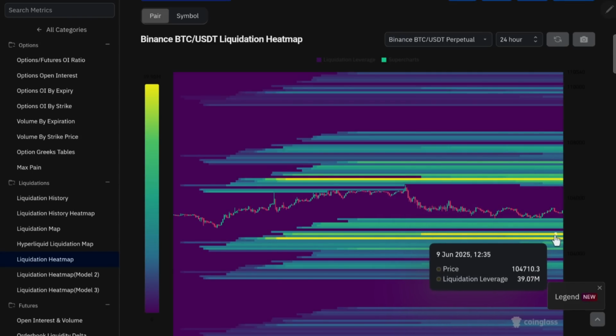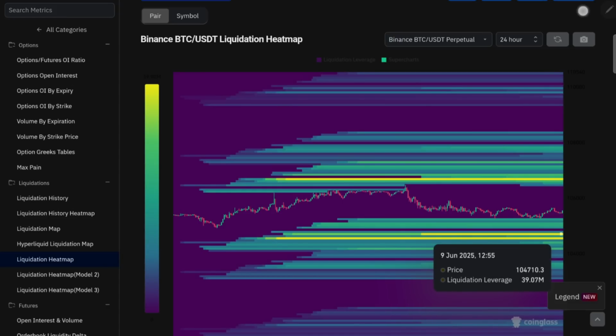So guys, at this $1,04,700 to $1,04,500 range, there's 90 million in liquidations. So those who went long on BTC, if the price comes down to $1,04,500, then about $90 million in liquidations will take place, because there's huge liquidity concentrated at these two levels.